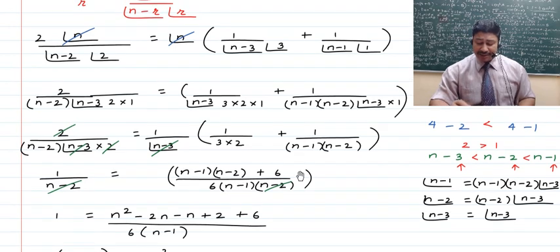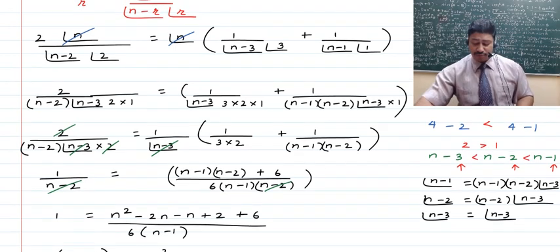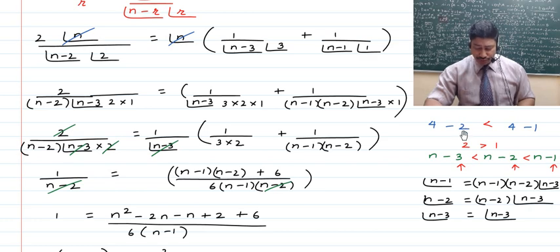I made you understand this with an example: suppose we talk about 4 to be a number, and from that a larger number like 2 rather than 1 is subtracted. So when a larger number is subtracted from a number, then the number becomes less. Similarly, if we talk about n to be a number, and from that we subtract the largest number, that is 3, we will get this to be the least.